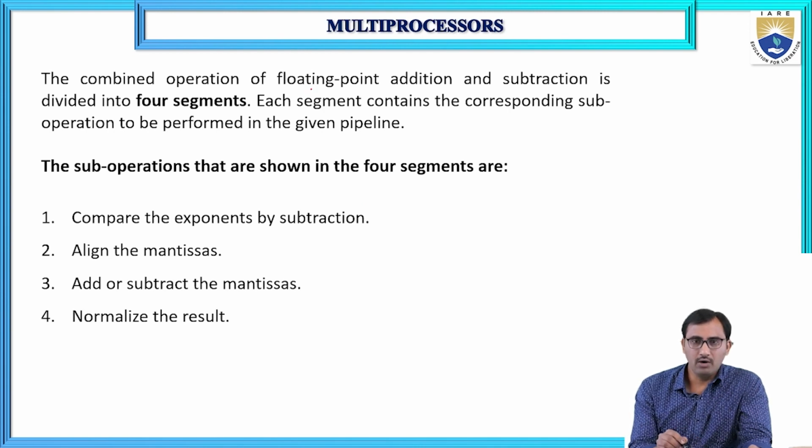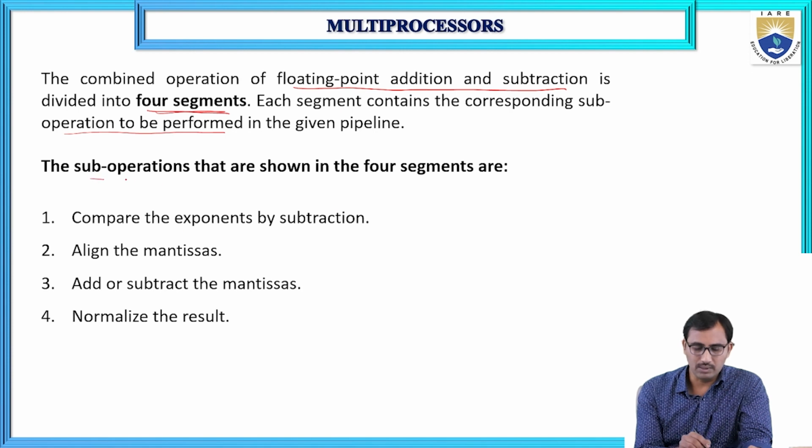The combined operation of floating point addition and subtraction is divided into four segments. Each segment contains the corresponding sub operation to be performed in the pipeline.